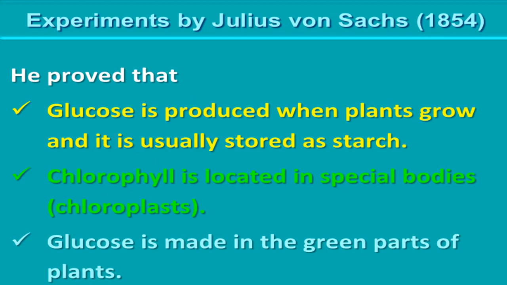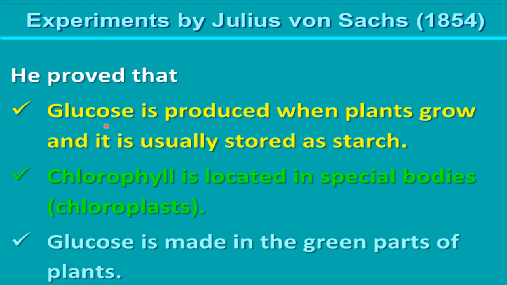Next are experiments by Julius von Sachs in 1854. By his experiments, he proved that glucose is produced when plants grow, and it is usually stored as starch. Chlorophyll is located in special bodies called chloroplasts, and glucose is made in green parts of plants only.